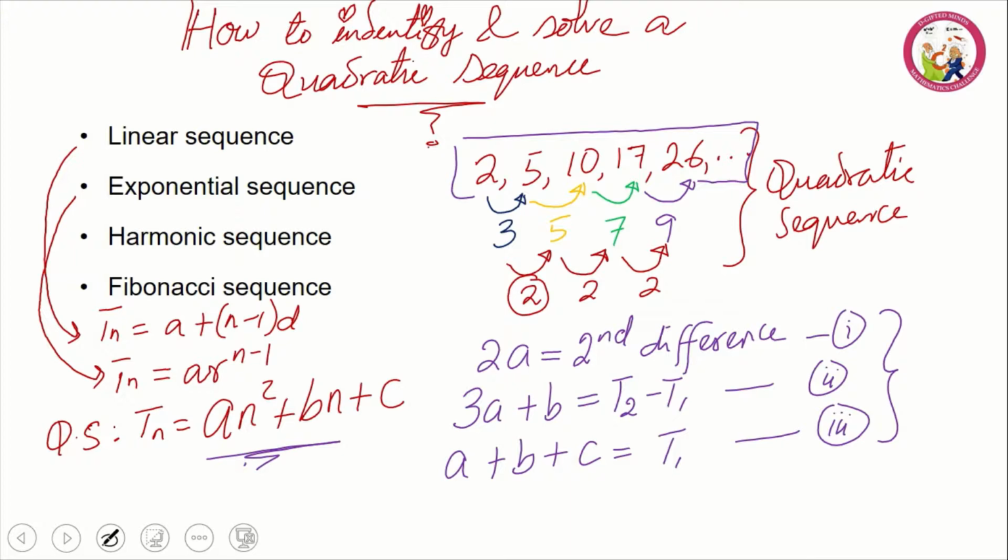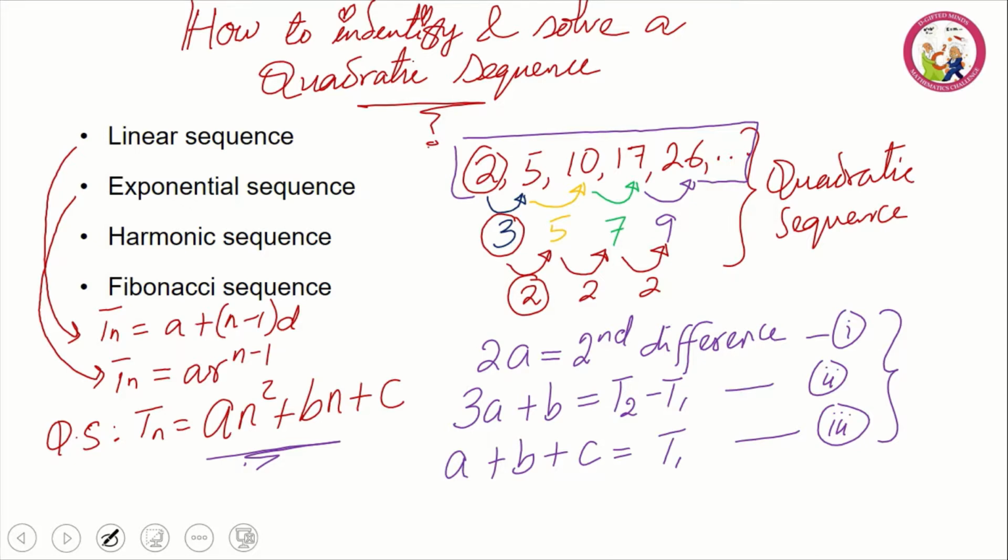All right, and t2 minus t1, t2 is 5, t1 is 2, t2 minus t1 is 3, and a plus b plus c must be equal to the first term 2. Okay, so this is how to go about solving a quadratic sequence, and also how to identify it.